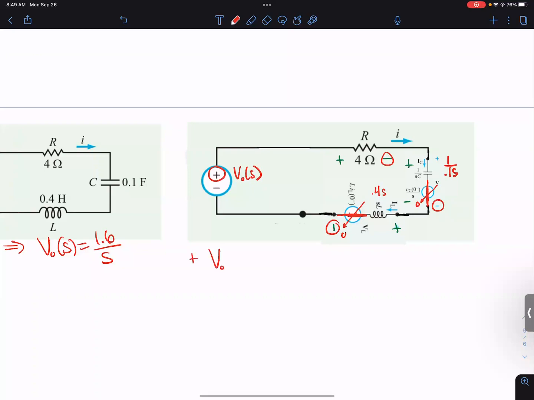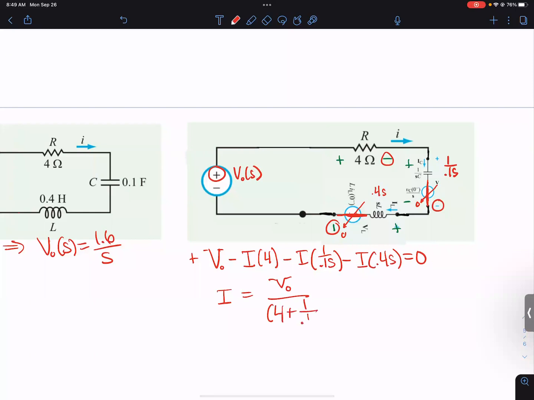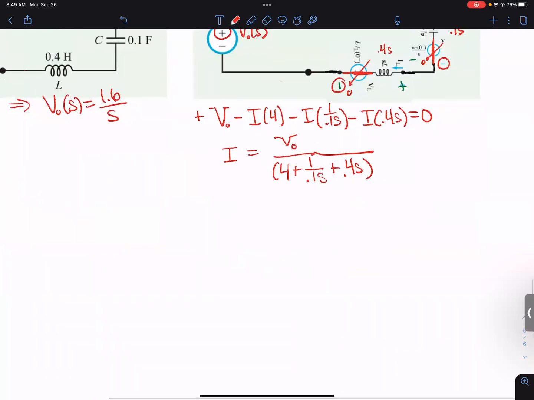So plus V naught, capital, minus I of 4, minus I of 1 over 0.1 S, minus I of 0.4 S. And solving for I, the V naught is 1.6 over S. And this ends up being the same.